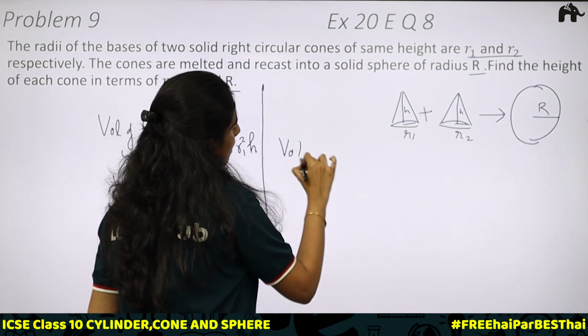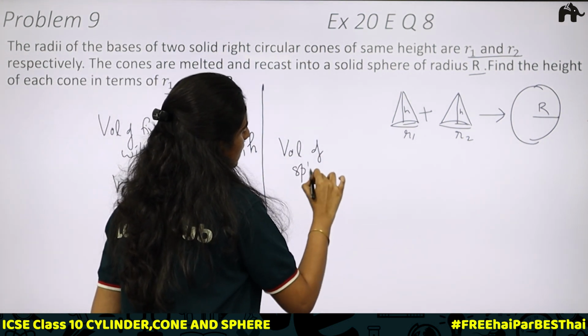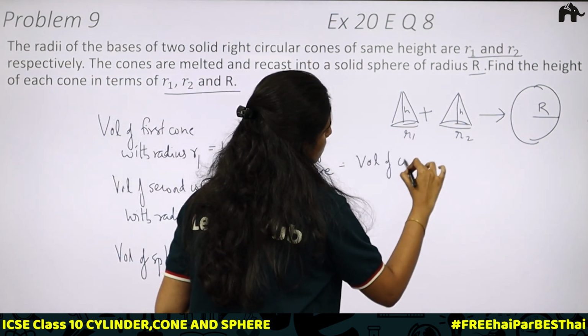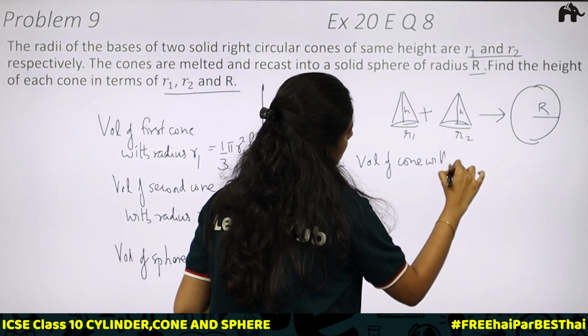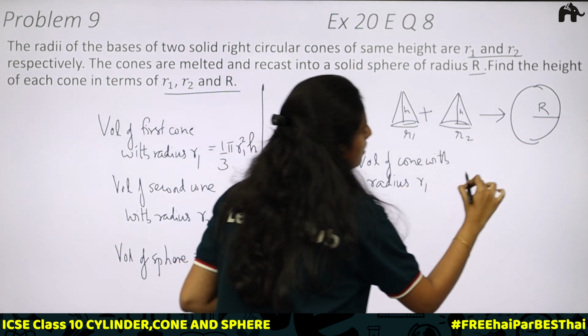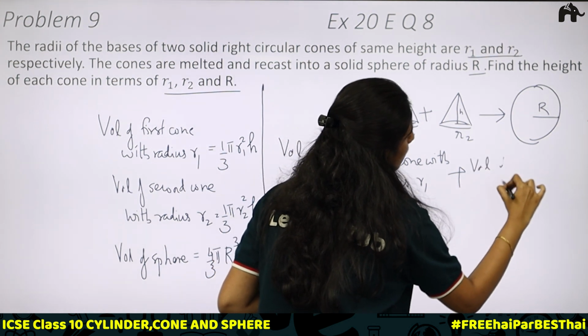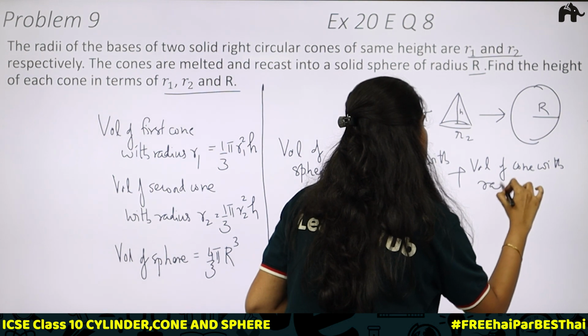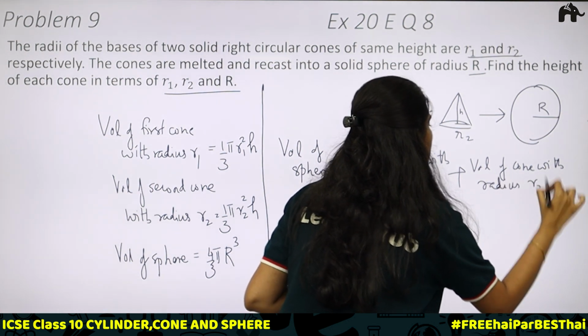Volume of sphere will be equal to volume of cone with radius R1 plus volume of cone with radius R2.